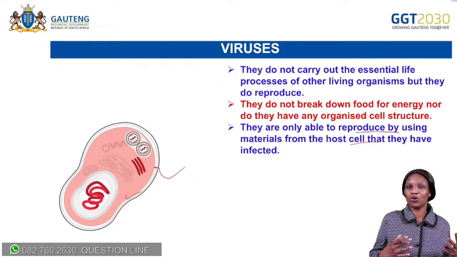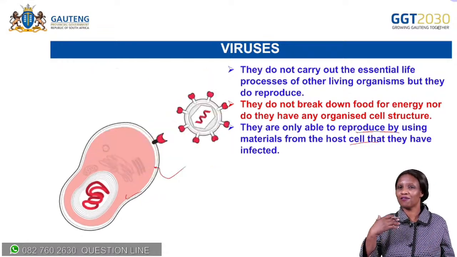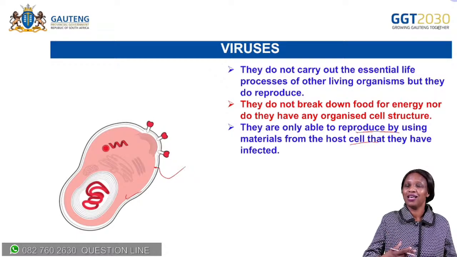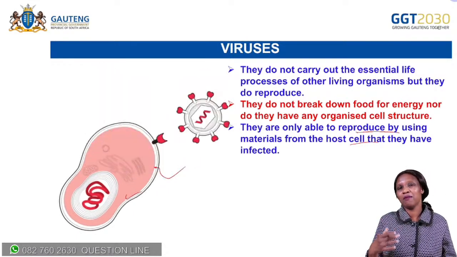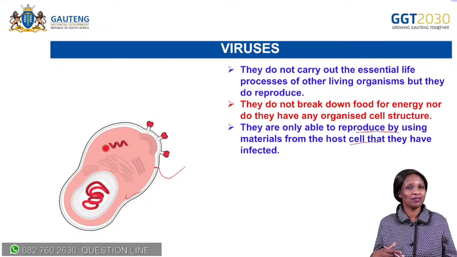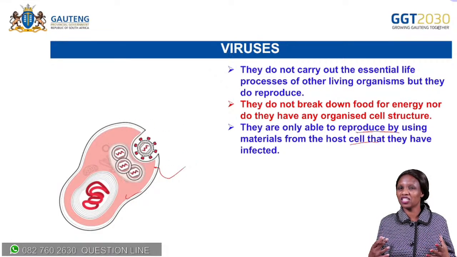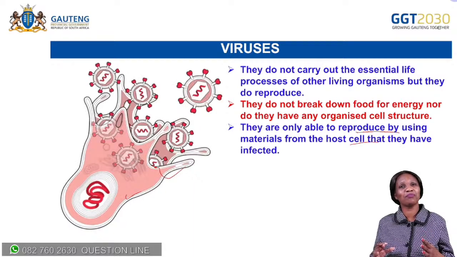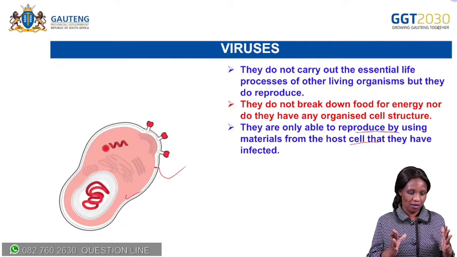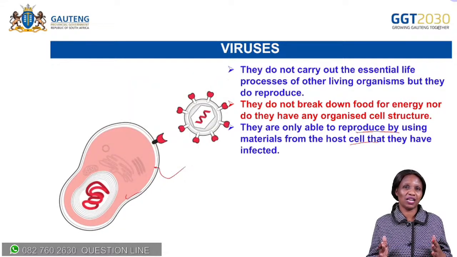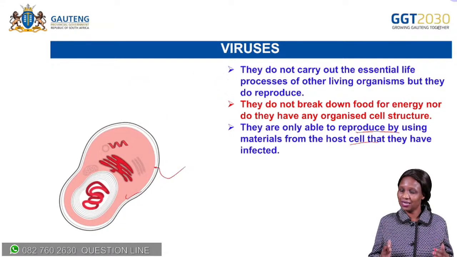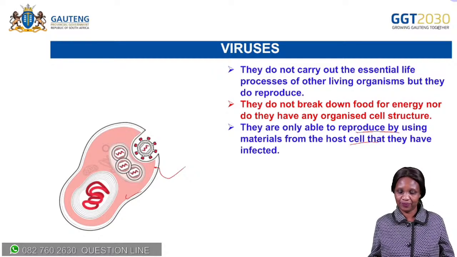Why? It is because the virus would have attacked the healthy cells, they would have taken over, then the person gets very sick. But if they go to a health center, they will be given medication which will control the virus. The virus is controlled, okay, so that it doesn't kill us.